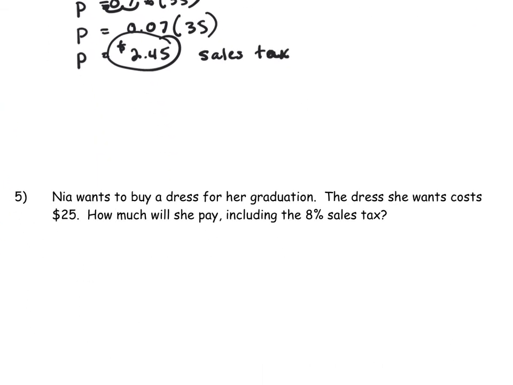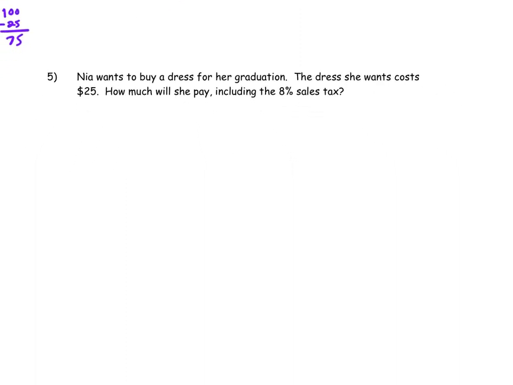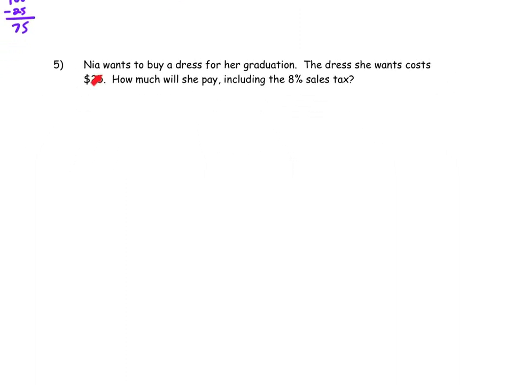So now let's move on to our final situation. It says Naya wants to buy a dress for her graduation. The dress she wants costs $25. How much will she pay, including 8% sales tax? All right, this time we have to make sure we're very clear on what we're looking for. It says that the dress costs $25.